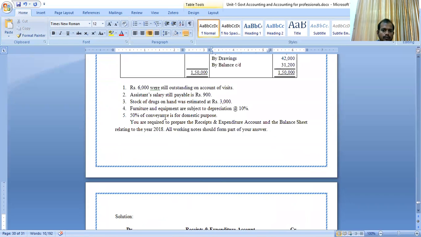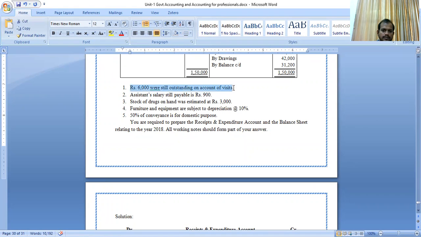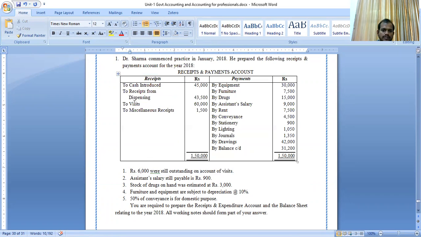Now we'll go one by one through these adjustments. First one, 6,000 were still outstanding on account of visits. On account of visits, we have outstanding receipt. As we are preparing the receipts and expenditure account, we have to ignore these outstanding receipts completely, so we are not going to consider this.